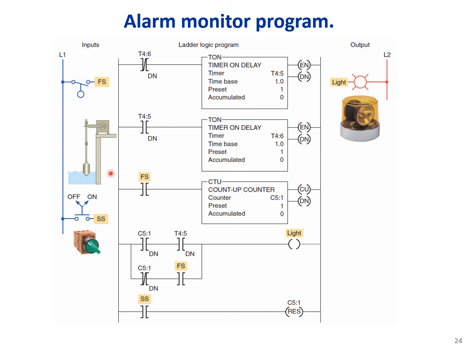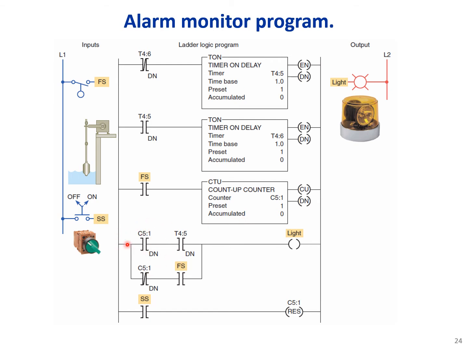Now, once the level of water reaches the specified value, FS is true, and the accumulated value will increment by 1. Here we have used a preset value of 1, and we could change it, of course. Once it reaches the preset value, the downbeat of the counter, which is here, will be true.